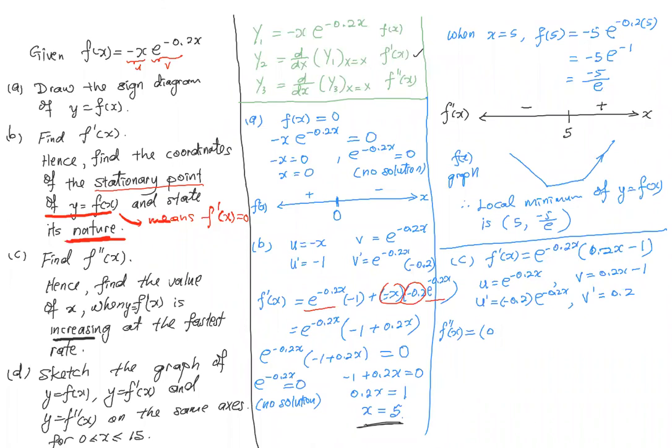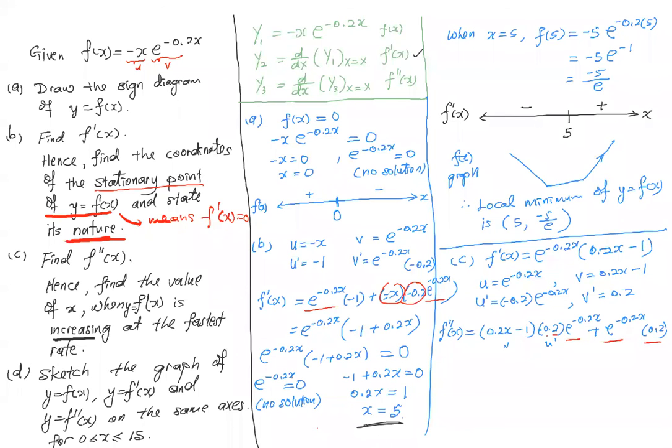Okay, v u prime is negative 0.2 e to the power negative 0.2x, plus u v prime. So we do the same factorization. You can even factorize out 0.2 if you want to.